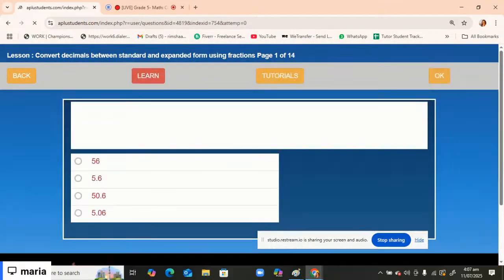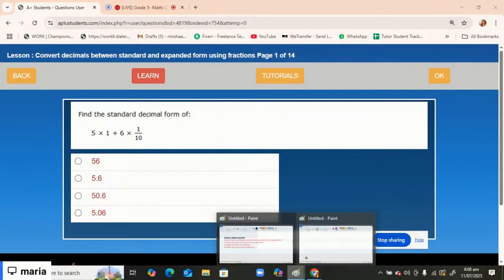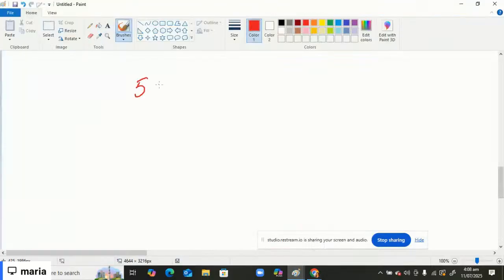Let's do the test questions. So 5 times 1 plus 6 times 1 by 10. 5 times 1 is 5, plus 6 times 1 by 10 is 6 by 10.